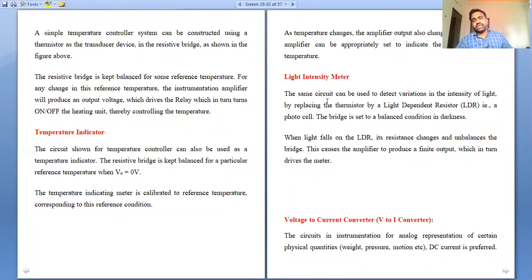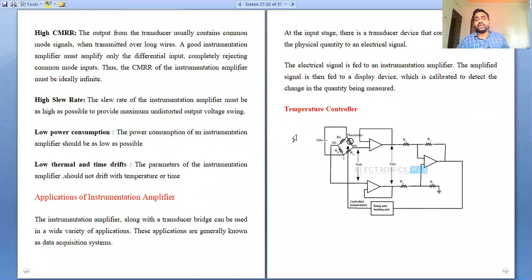The same type of circuit can be used for a light intensity meter. In place of the thermistors, we use photodiodes or solar cells.